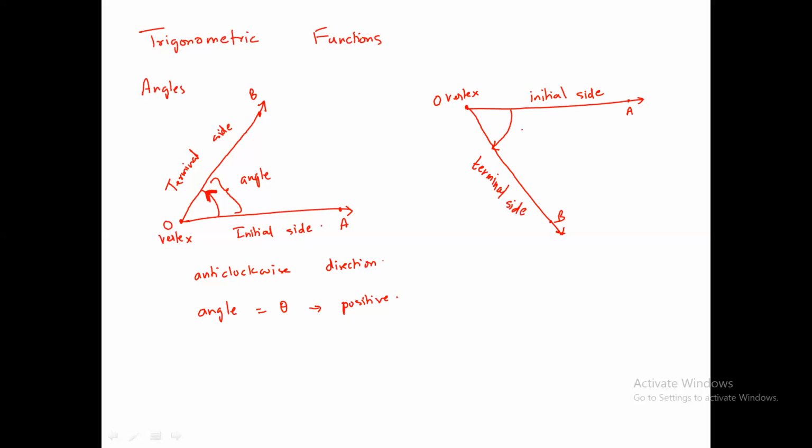The measure of how much rotation we have done is the angle. But here we are rotating in the clockwise direction. That's why the angle theta here is negative when you measure.